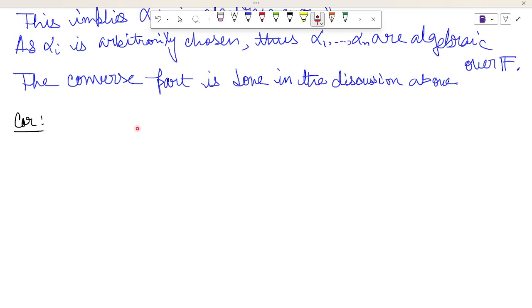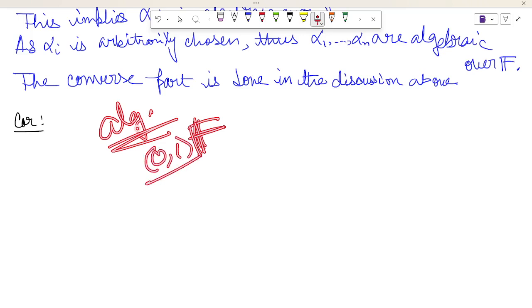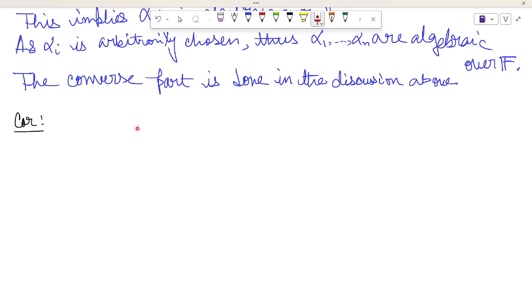So is there anything algebraic here? Can I say something in a field? In a field there is nothing like that, because the ideals are 0 and the whole field. There are only two ideals. So, in a field, can the algebraic elements form a subfield?